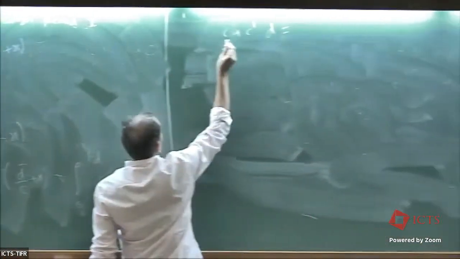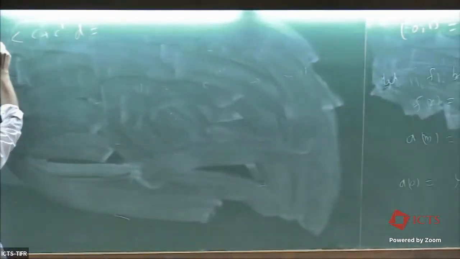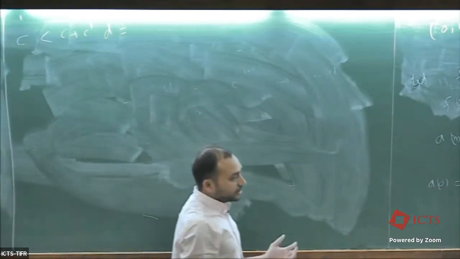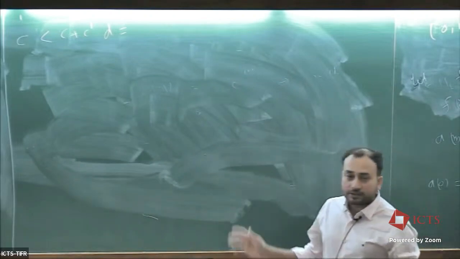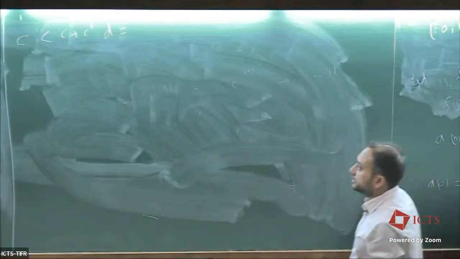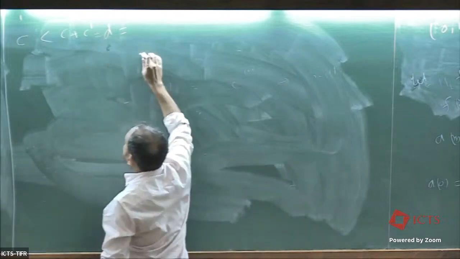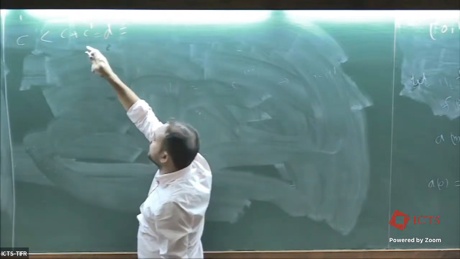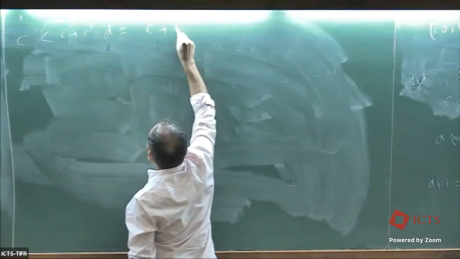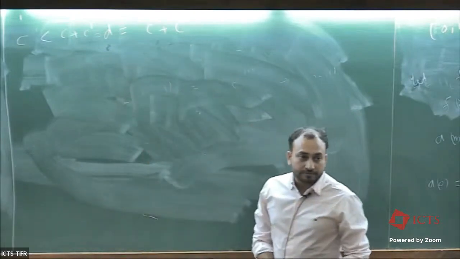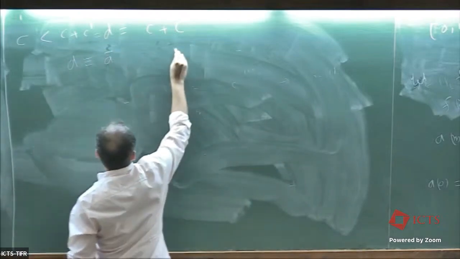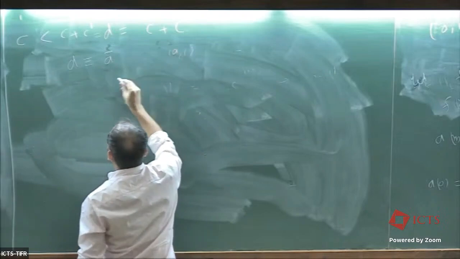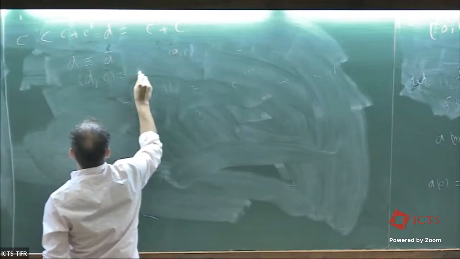Using the first property of the fractions, this will always be bigger than capital C, because in the first property, if you have two consecutive fractions A prime by C prime and A by C, then the sum of denominators is always bigger than your prescribed value capital C. So C plus C prime is always bigger than capital C. And since C prime for a fraction of order capital C goes up to C plus capital C. And since D is congruent to A bar and A and C are co-prime, from here you can also see that D is co-prime with C.